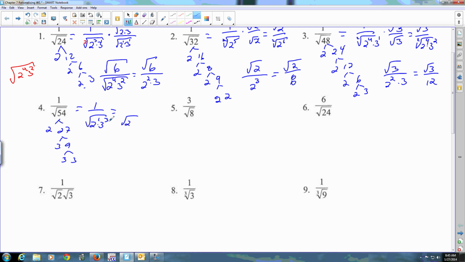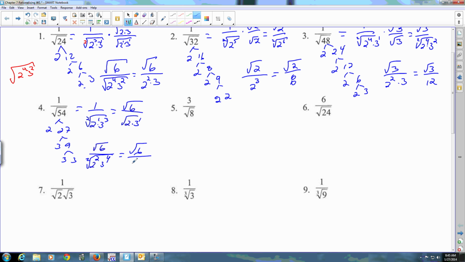So I need another 2. If that was 3 to the 4th, again, I need multiples of the root. So I need to multiply it by 3. If you want, you can write it as 6 upstairs, square root of 6. 2 to the 1st times 2 to the 1st is 2 squared. 3 to the 3rd times 3 to the 1st is 3 to the 4th. And those are still in a root, square root. So, square root of 6.